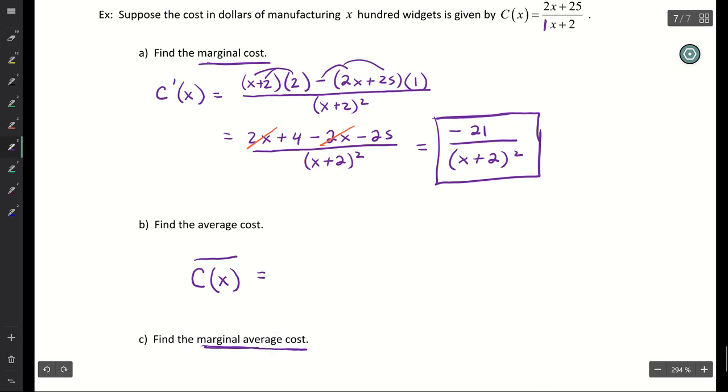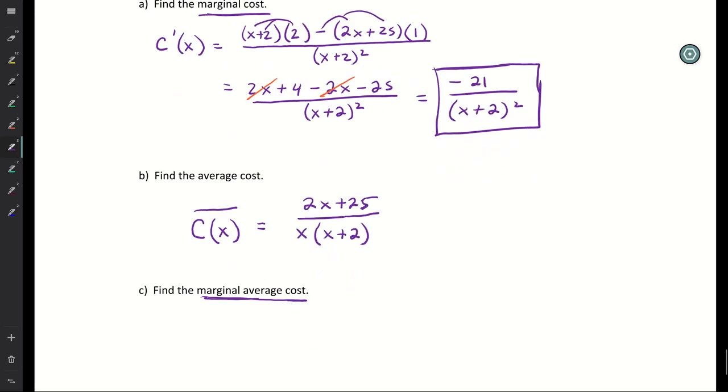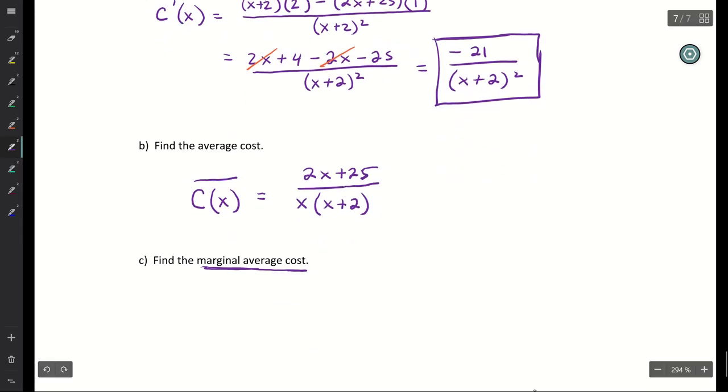And then I'm going to take the fraction 2x plus 25 over, and then in the denominator, I'm going to put an extra x multiplied by the x plus 2 that's already there. So that's a legal way to find your average cost if your cost function's a fraction. Now, what I want to do, though, is I want to go ahead and, in this case, simplify this out because I know that I'm about to need to take its derivative when we say marginal.